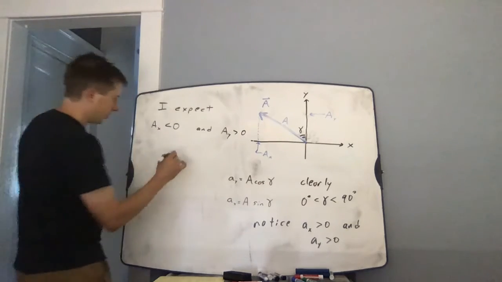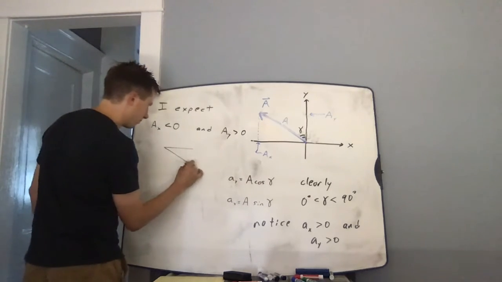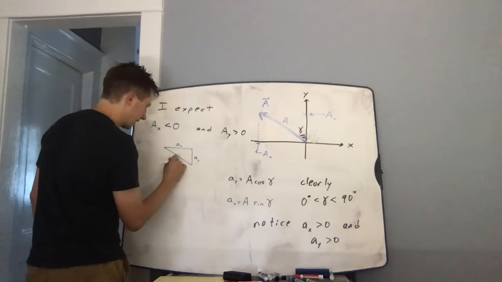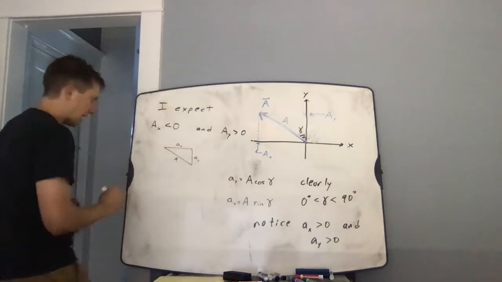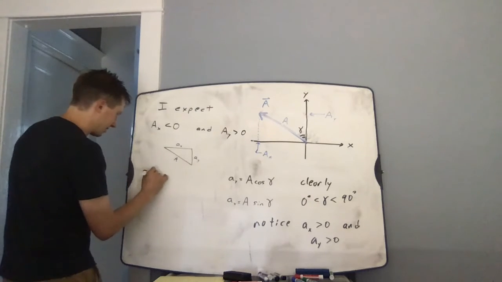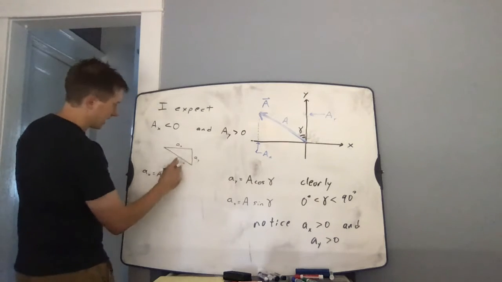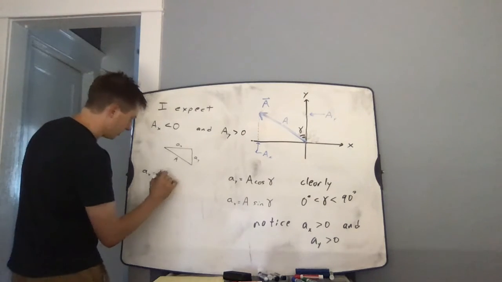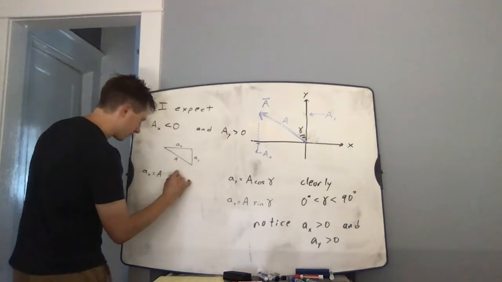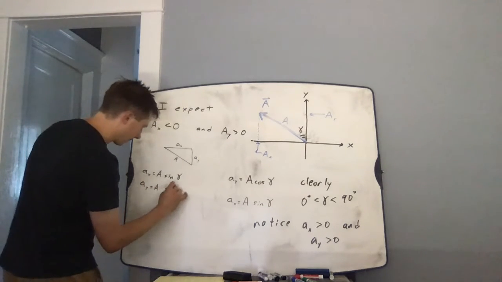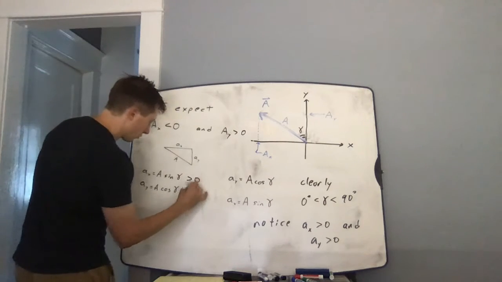But when I compare this picture with AX, AY, and A, I have AX is A sine gamma, and AY is A cos gamma. These numbers are both bigger than 0.